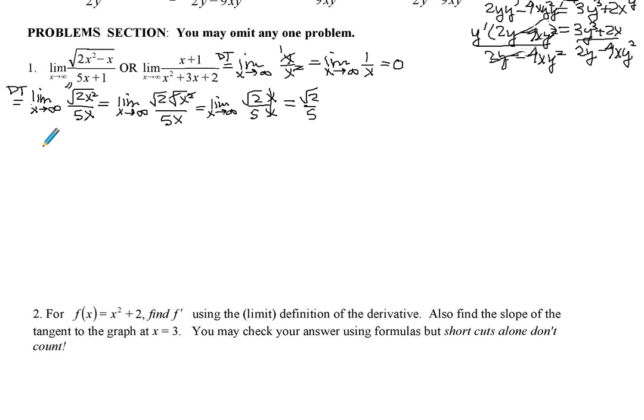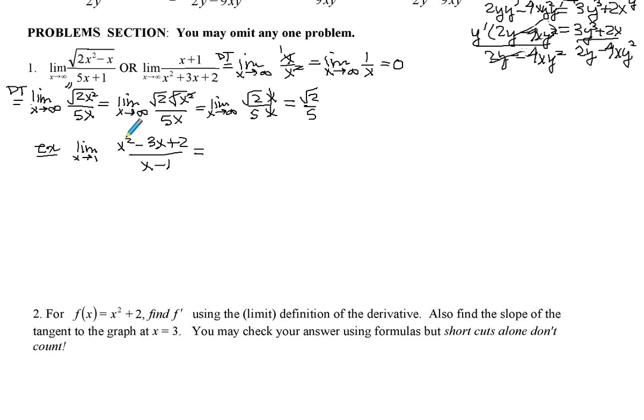You want to go back and review some of the other types of limits. For example, limits that are of the form 0 over 0. So things that look like the limit as x approaches 1 of x squared minus 3x plus 2 over x minus 1.